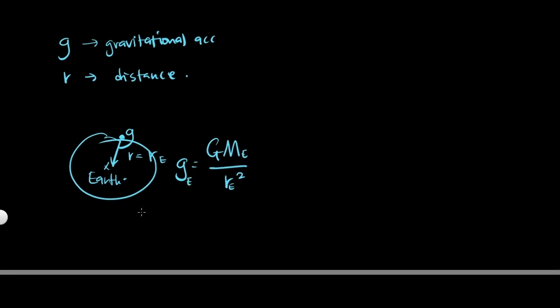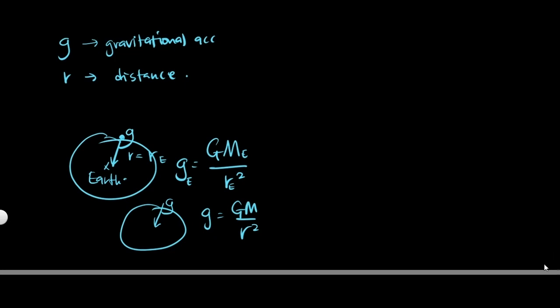Using the same formula, we could find the gravitational acceleration on any planet, any object, any star, using g equals GM over R squared. Just make sure the mass is the mass of the object and R is the radius of the object.